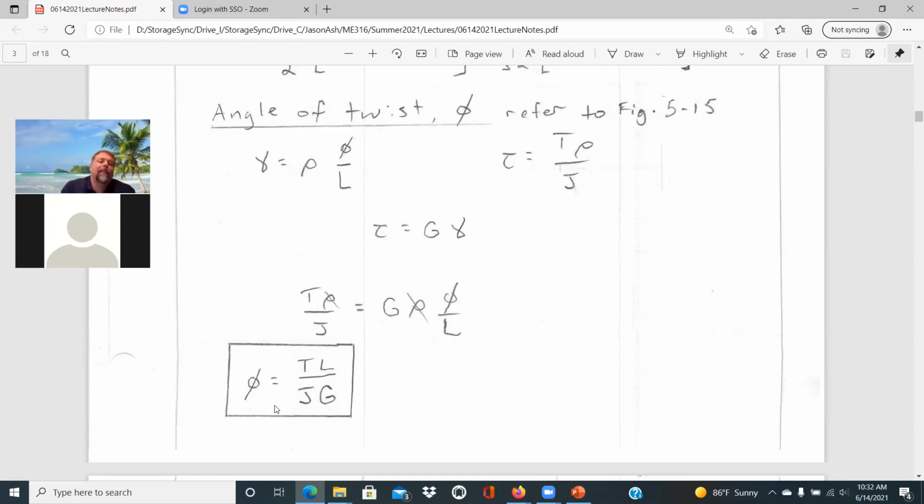Our angle of twist is referring to an angular displacement, a function of the torque that's applied, the length of the shaft, the geometry parameter with the polar moment of inertia, and that material property, the shear modulus G.